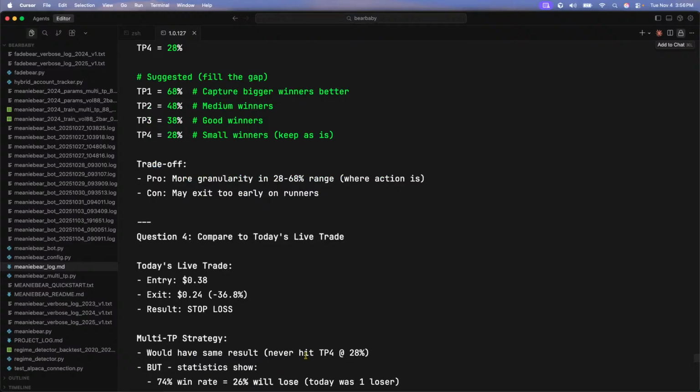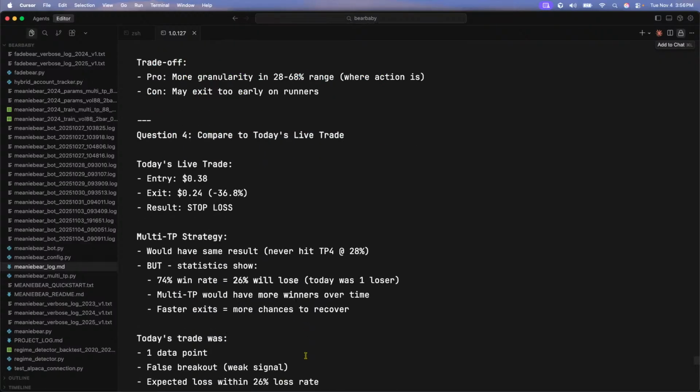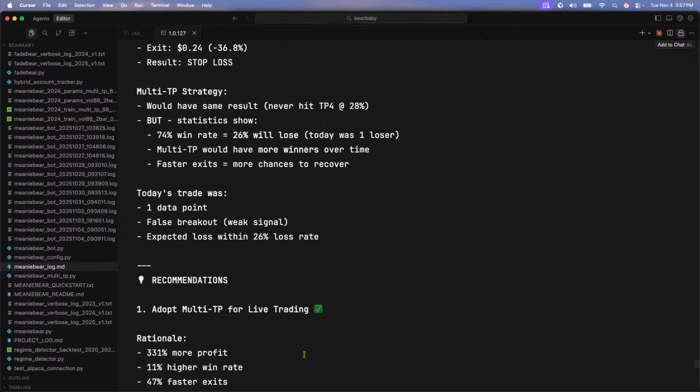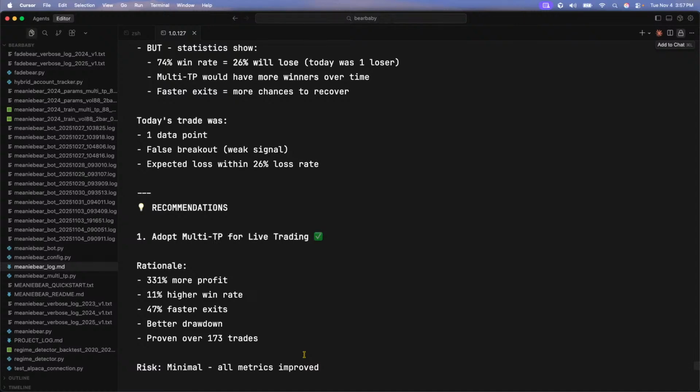Compared to today's, would have the same result, never got 28%, 70% win rate, will lose 26% of the time. Today's that one loser. The multiple TP will have multiple winners over time, faster exits, more chance to recover. Today was one data point, false breakout, weak signal. My recommendation is multiple TPs.